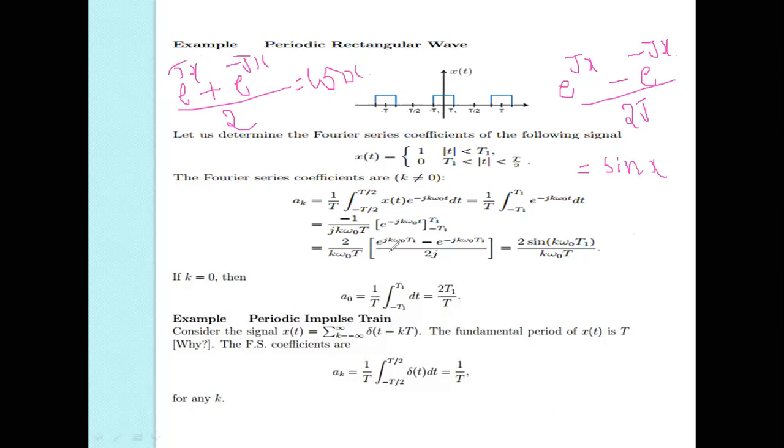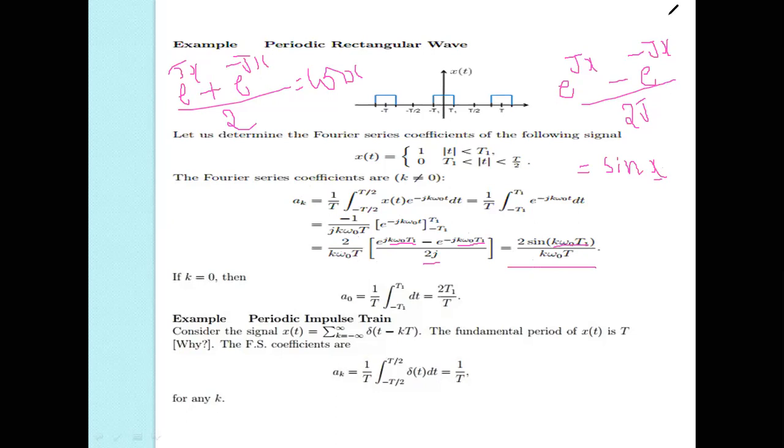So see here, e power jx, what is the x here? k omega naught T1, minus, here also the x is k omega naught T1, by 2j. The total parenthesis you can write as sin x, where x is k omega naught T1. So here the 2 is multiplied, and a of k is equal to 2 sin k omega naught T1 whole divided by k omega naught T.